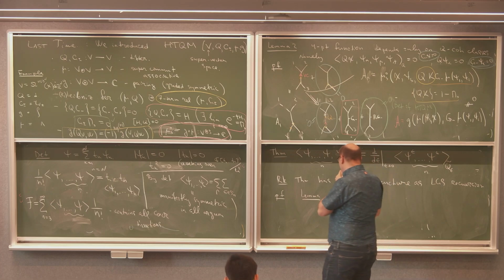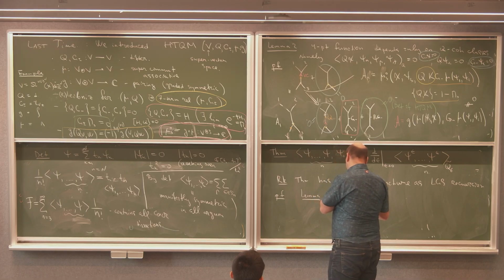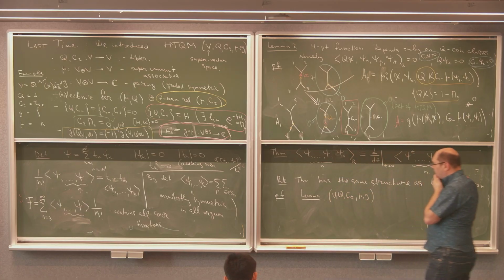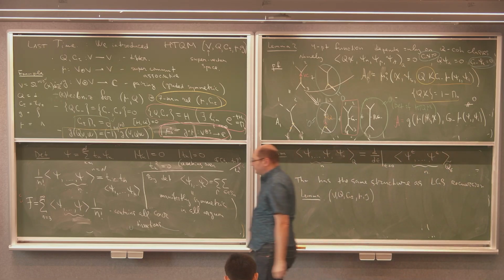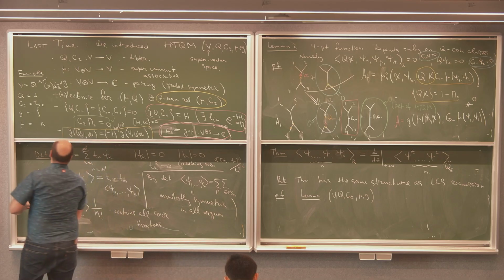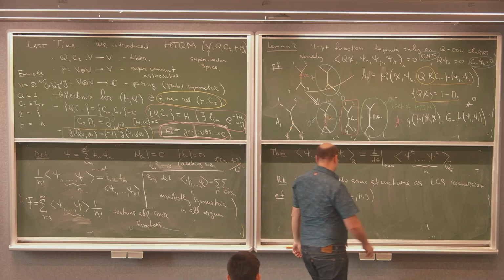The lemma is about HTQM deformation. HTQM is a collection of data: a vector space V, Q, G plus minus, and G, that satisfies all these nice properties that we discussed last time.